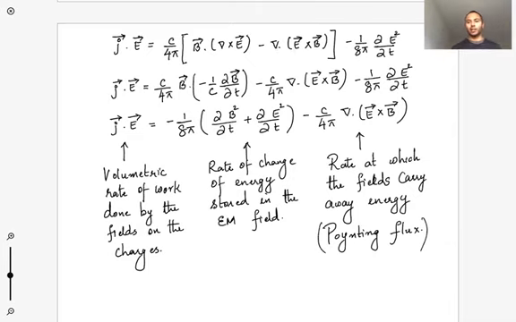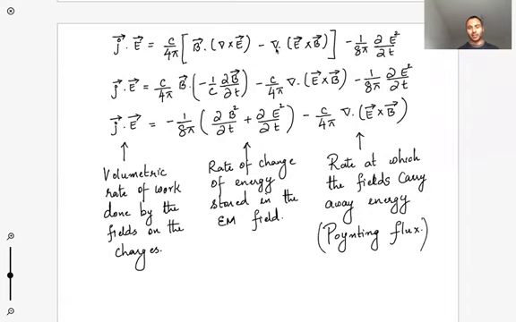Again, you can pause this video, and I want you all to work through it yourself, do the derivations yourself, but use this video as a guide. But to really understand the derivation and what's really happening, you need to work it out yourself. Okay, so let's look at the terms here. So this term is B dot curl of E.